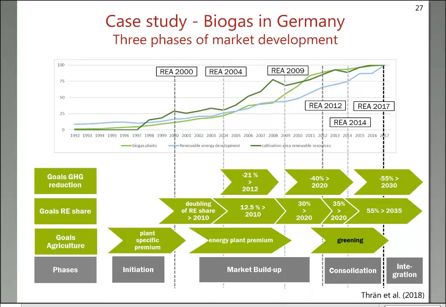So the consolidation phase is much about this greening more than actually increasing the amount of biogas at the current stage. It's also about liberalization, so having government exit the system so that incentives are phased out, and so that biogas can work on a more market basis.